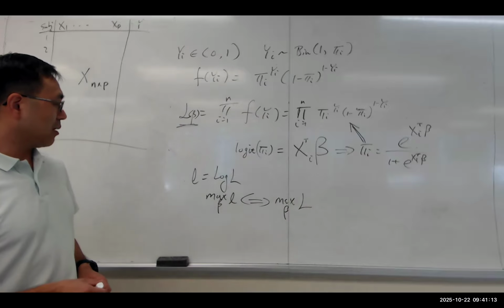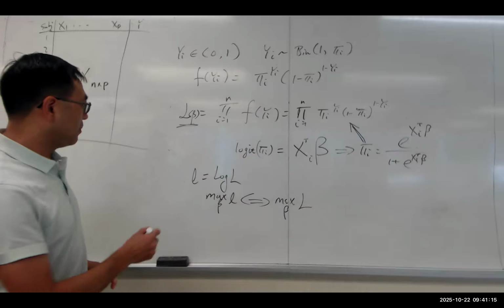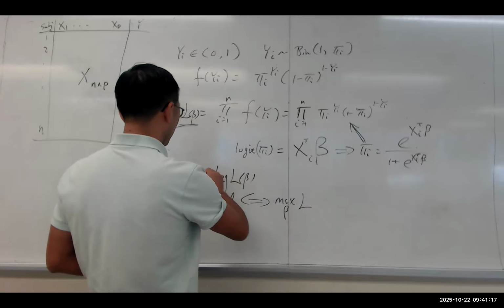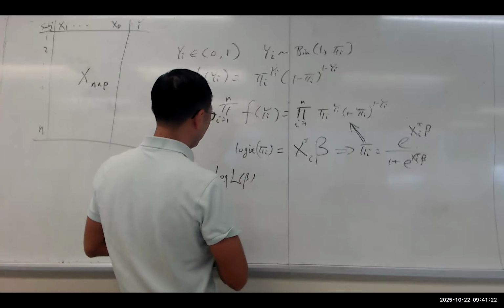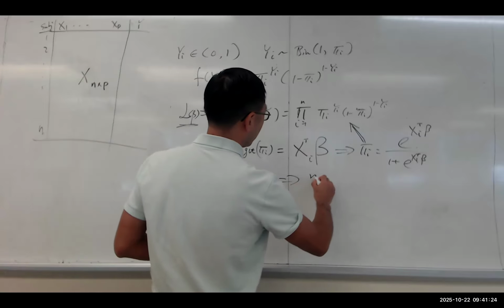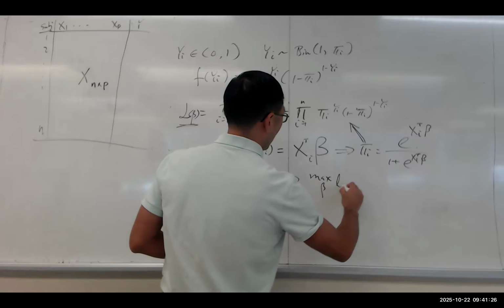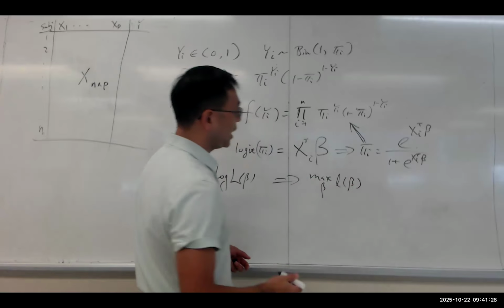So now the problem becomes maximizing the log likelihood function with respect to beta.